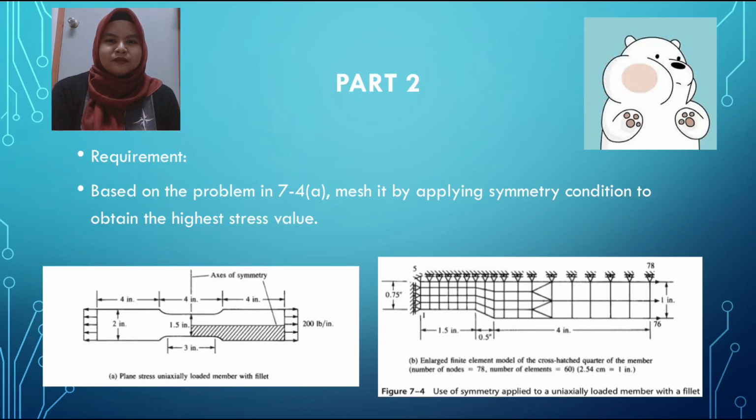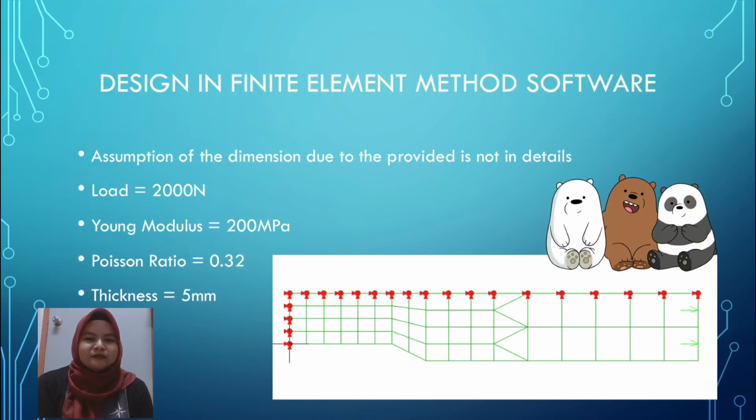Furthermore, we can go to part 2, where the requirement is to use a mesh by applying a symmetry condition on the beam. In problem 7.4a, to obtain the highest stress values, the analysis was done by constructing the FBD in the FEA software, which is LISA.